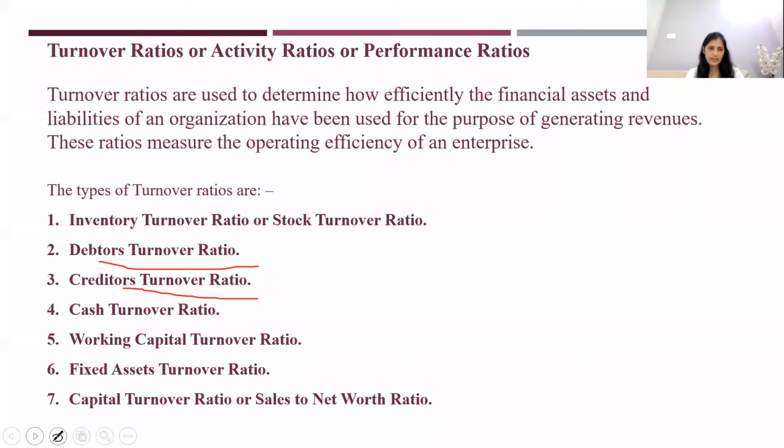Then we studied cash turnover ratio, cash to net sales, and working capital turnover, it is net sales to working capital. Fixed assets turnover is net sales to fixed assets. Capital turnover ratio, we also call it sales to net worth ratio, that is sales to capital employed. So whenever we have turnover, it always comes with sales. Clear about this? So I will stop over here. We'll continue with the next one.